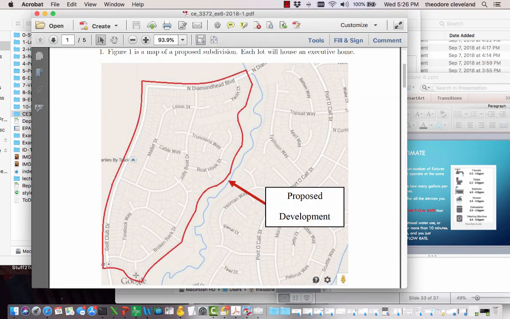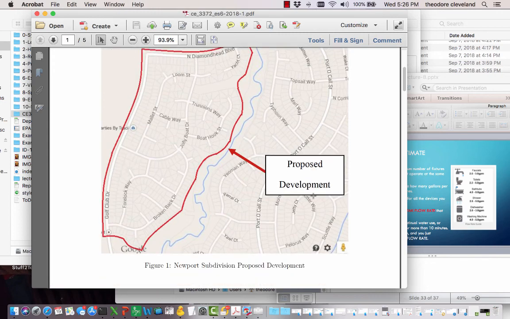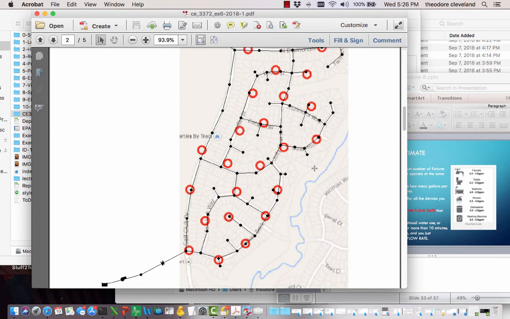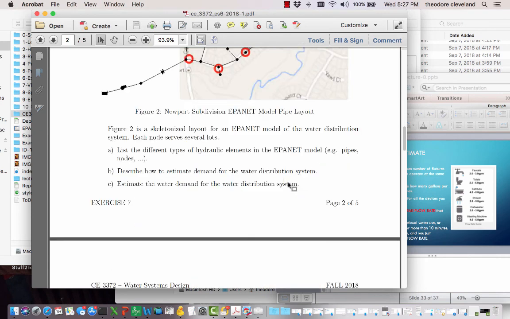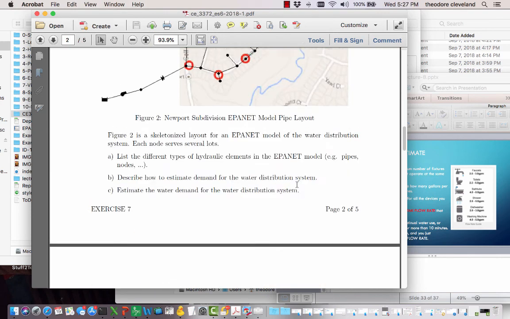And then I start counting lots. 1, 2, 3, 4, 5, 6, 7, and come up with the total number of lots. Then I know the gallons per minute per house. I know the number of houses, so the product of those two would be the total demand estimate for the entire system.